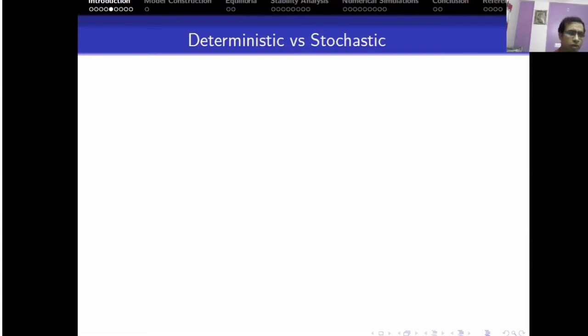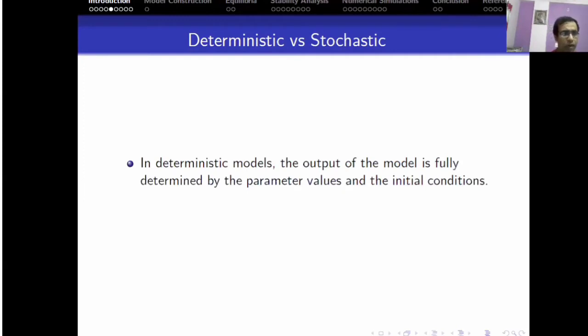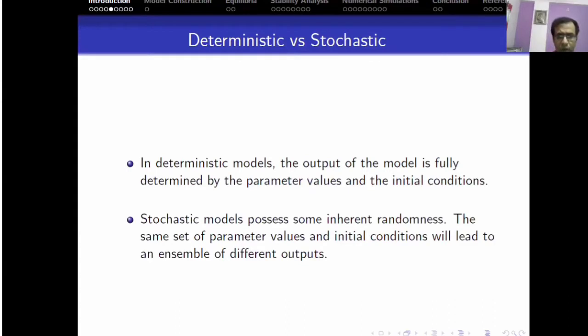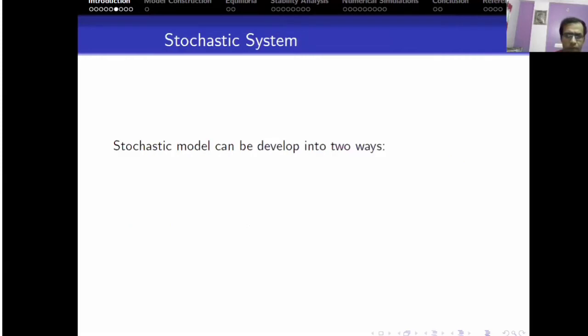Now we have to see the comparative study between the deterministic and stochastic model. In a deterministic model, the outcome of the model is fully determined by the parameter values and the initial conditions. On the other hand, a stochastic model possesses some inherent randomness. The same set of parameter values and initial conditions will lead to an ensemble of different outcomes. A stochastic model can be developed in two ways.